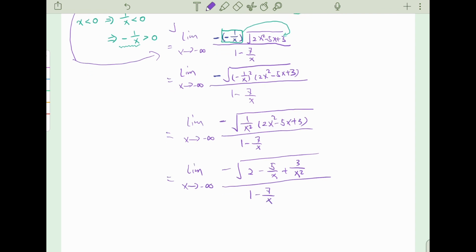And now we have these terms going to 0, because x is in the denominator and x is going to infinity, so the denominator is getting infinitely large, the fraction is going to be very, very small, and it approaches 0. So these things all go to 0.